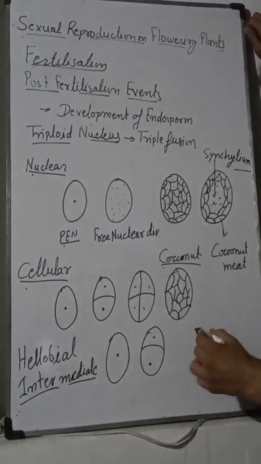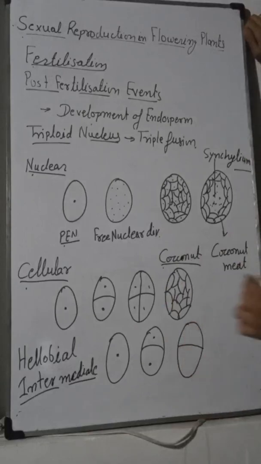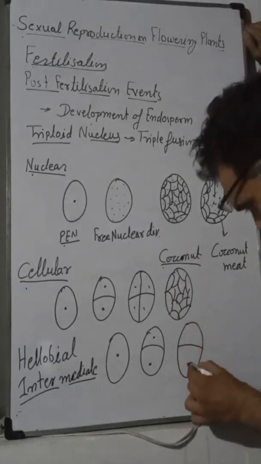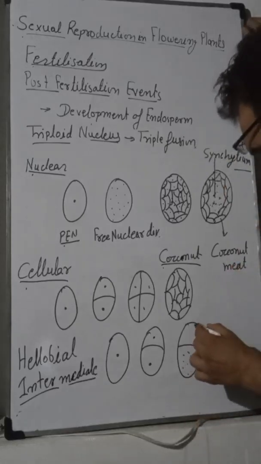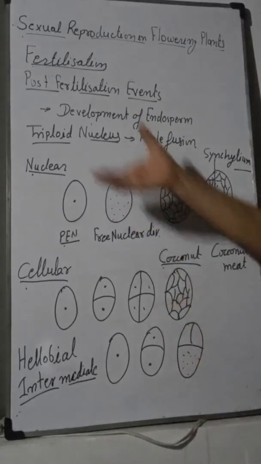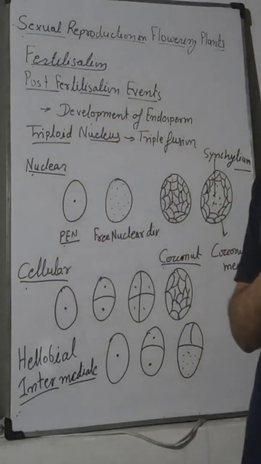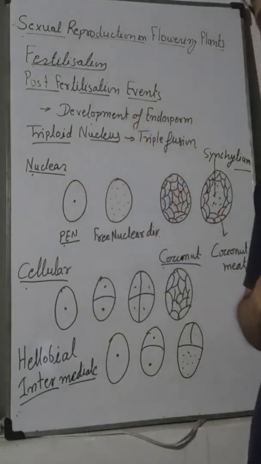Then out of these two cells, one divides by free nuclear division and the other divides by cellular division. So both types of endosperm are there, one nuclear and another cellular.